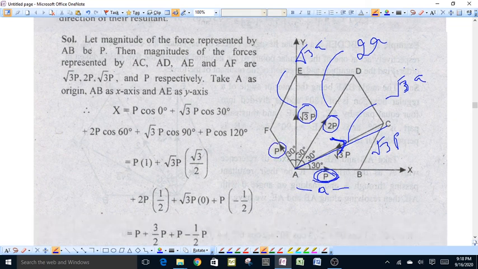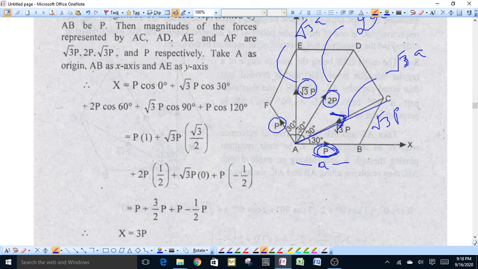After resolving along the x-axis and y-axis, we have taken AB as the x-axis and AE as the y-axis. A is taken as the origin. Then the sum of the x components of all these forces will be equal to P cos 0, √3P cos 30, 2P cos 60.